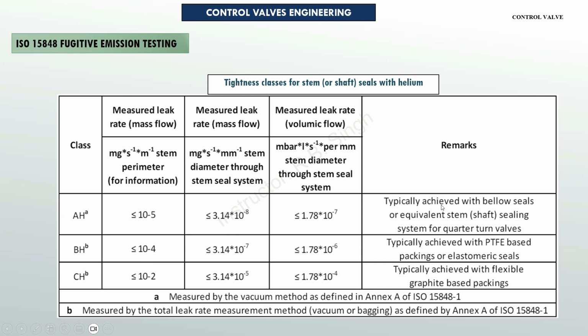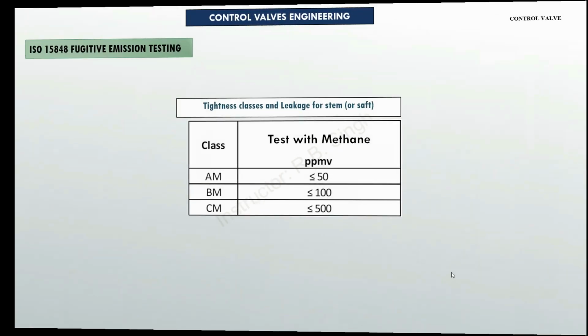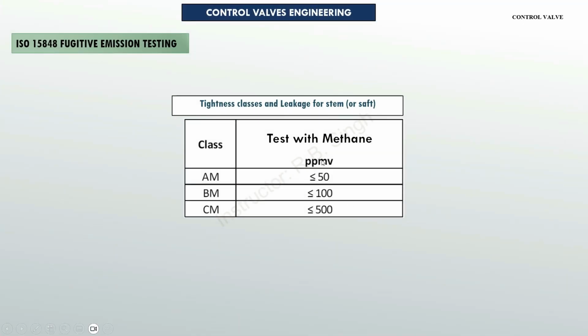It is typically achieved with a bellows seal or equivalent stem sealing system for quarter turn valves, and BH is typically achieved with PTFE based packing or elastomeric seals, but CH is typically achieved with flexible graphite based packing. Now the tightness class and leakage class for stem with methane gas.